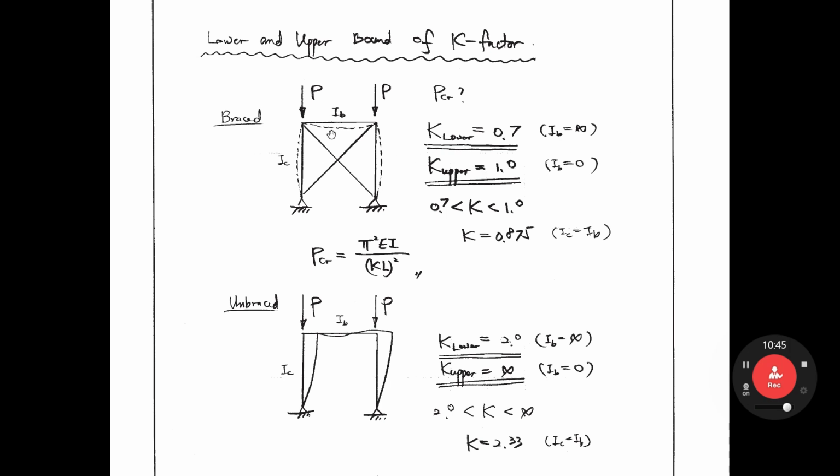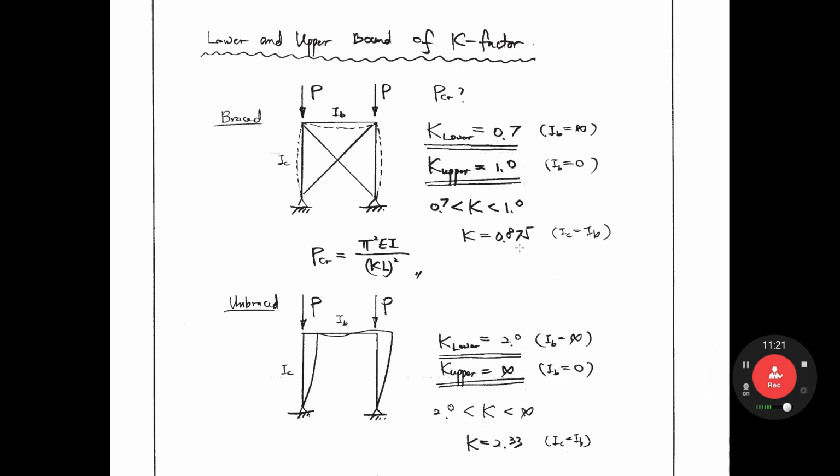So the K factor of this column must be greater than 0.7 and less than 1.0. It is related to the stiffness of beam and column. If the moment of inertia of column and beam is identical, then K factor is 0.875.